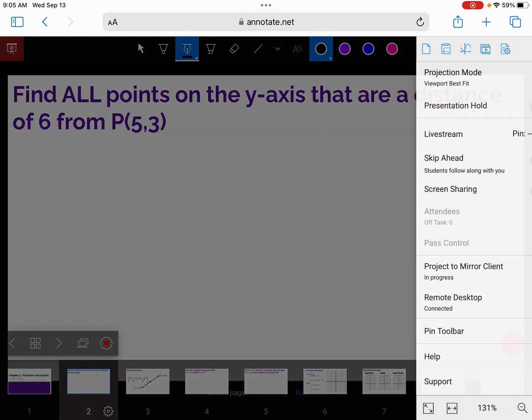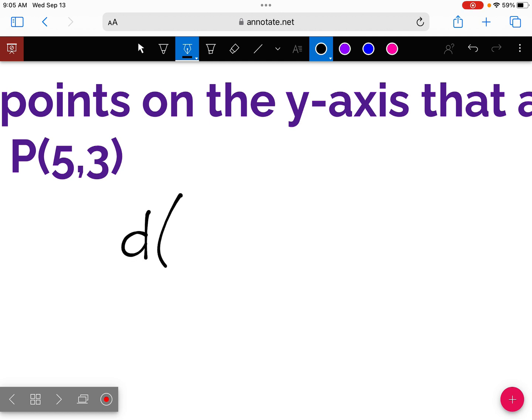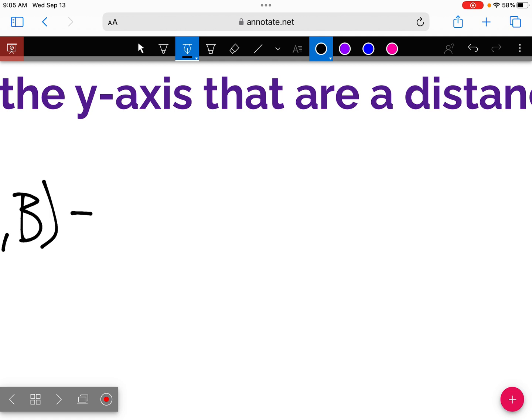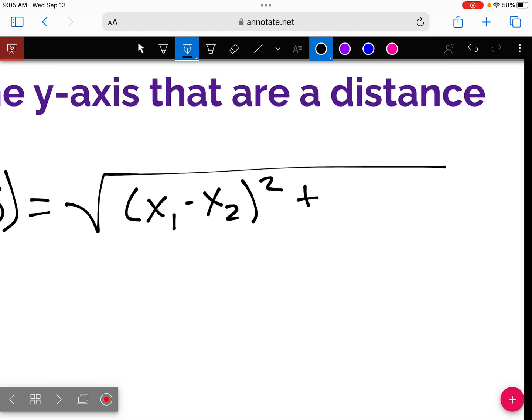So our distance formula, remember that's the distance between 2 points. You should have this one now. This is the difference between the x's squared and the difference between the y's squared. We've been using this one for a couple of days now.